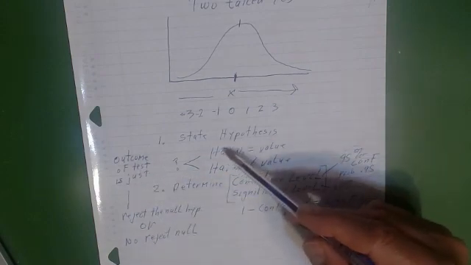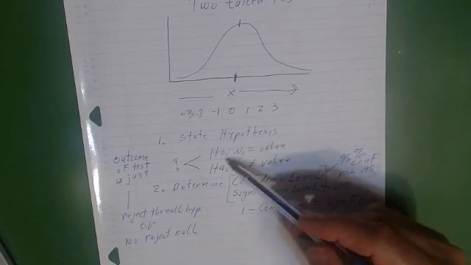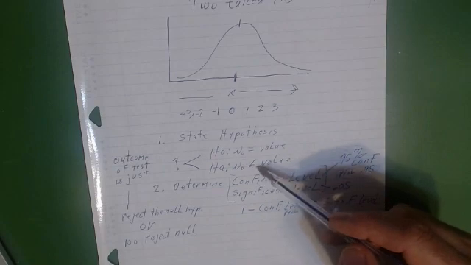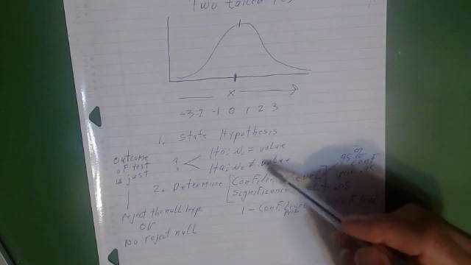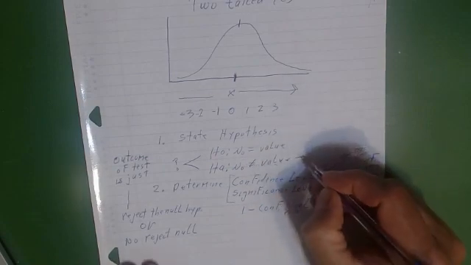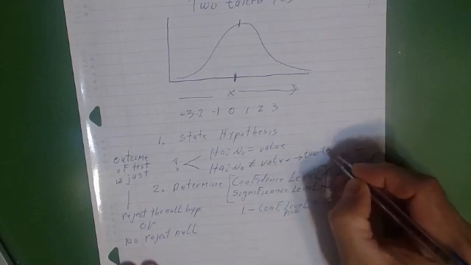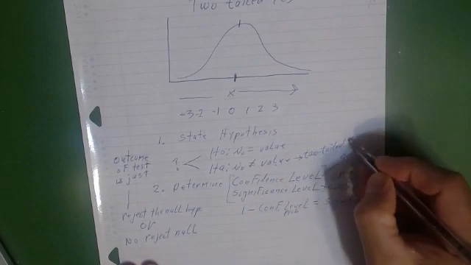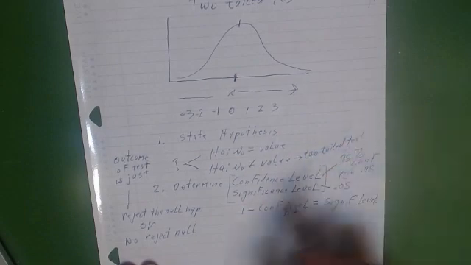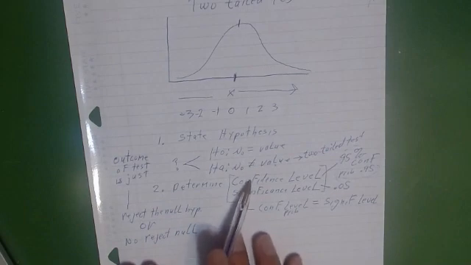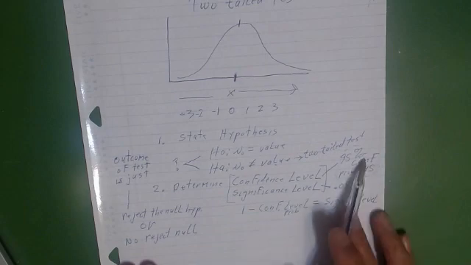You've stated what the null is, and you have to state which alternative you're talking about. And because we said it's not equal to the value, that tells us we're doing a two-tailed test. Okay. We have to determine what confidence level or significance level, two different ways of talking about the same thing, that we're testing at.